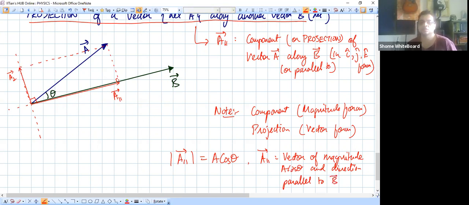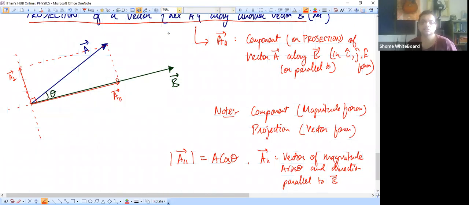So it's similar to what we discussed just now, that A cos theta is the component of a vector along another vector. But now we want to express that in vector form, not in magnitude form. So we give it a new name called projection, where this quantity will now become a vector quantity.